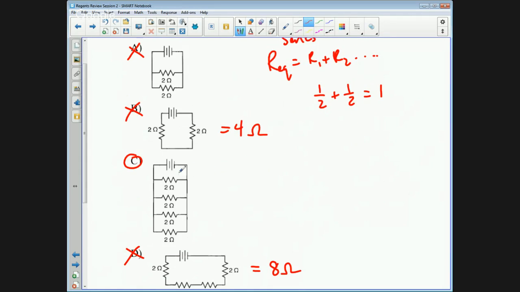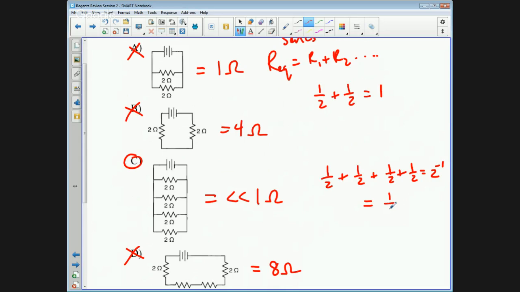And as you add more resistors in parallel, it actually decreases the overall resistance. This overall resistance here is much less than 1 ohm. This is 1 over 2 plus 1 over 2 plus 1 over 2 plus 1 over 2, which equals 2. And then the inverse of this equals 1/2. So this one is the answer, C.